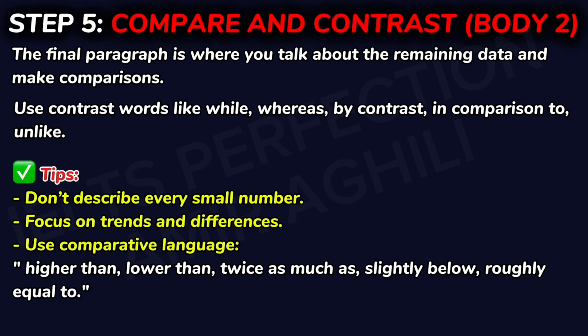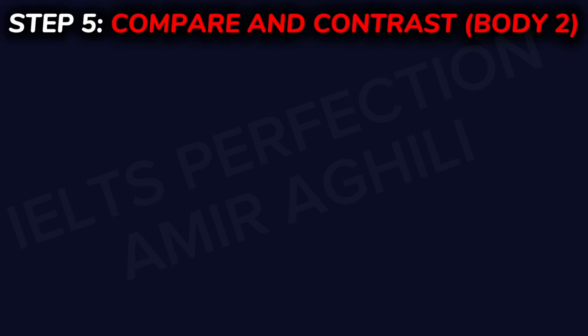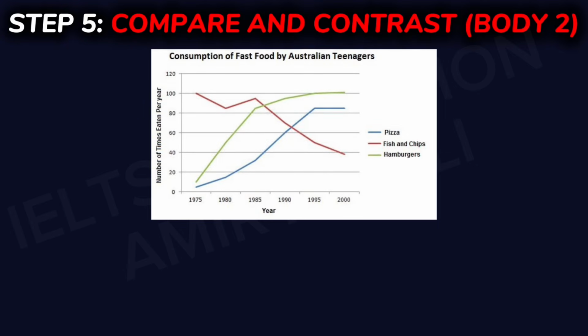Don't describe every small number. Focus on trends and differences and use comparative language like higher than, lower than, twice as much as, slightly below, or roughly equal to. Now let's continue with examples and see what could be a possible body paragraph 2.